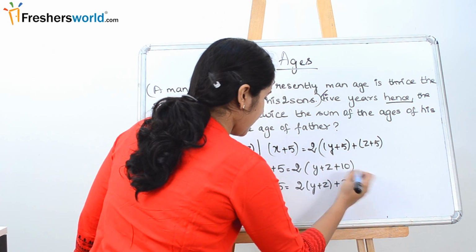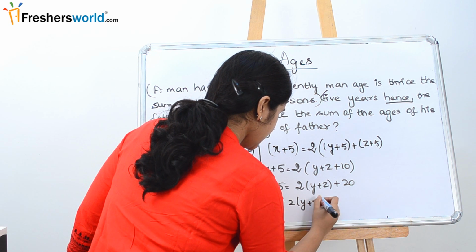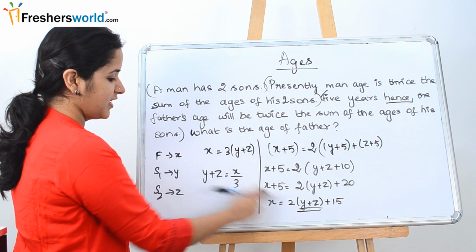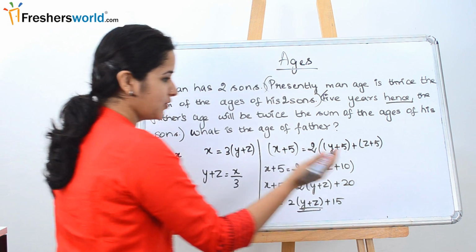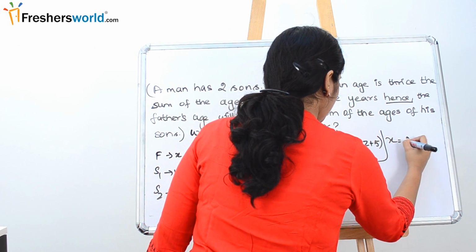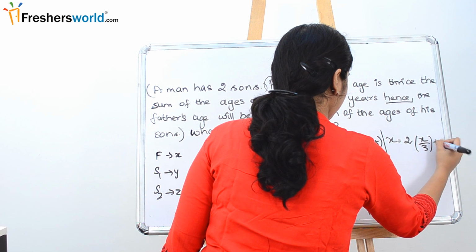So, let's take the 5 to that side. X is equal to 2 into (Y plus Z) plus 15. We know that Y plus Z is X by 3, so we are going to substitute it there. X is equal to 2 into X by 3 plus 15.